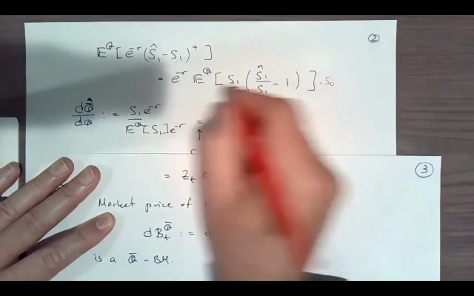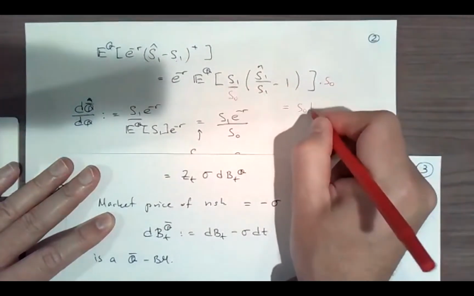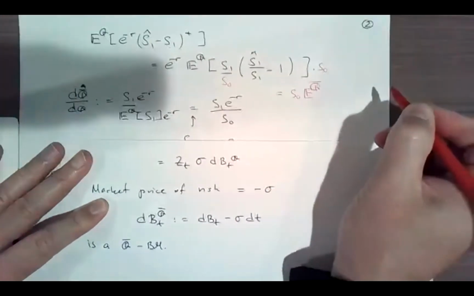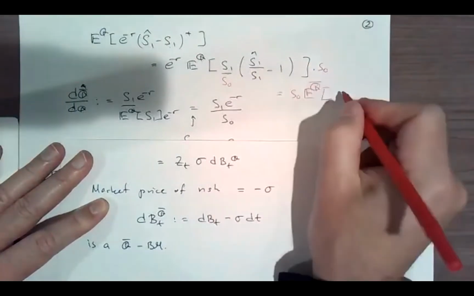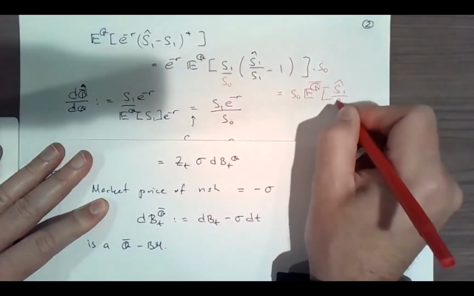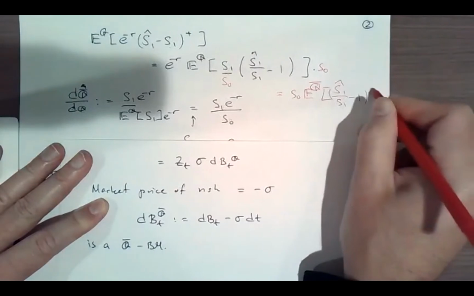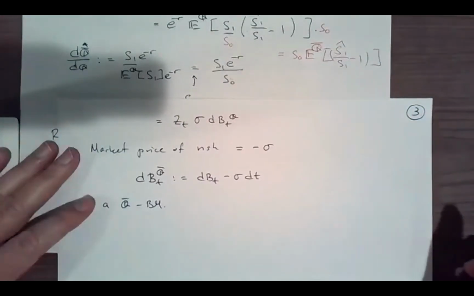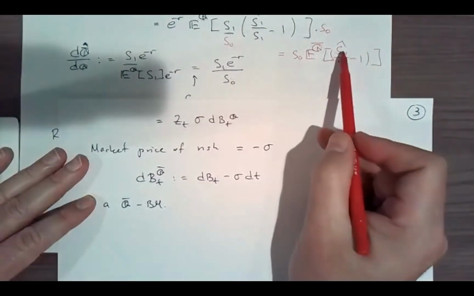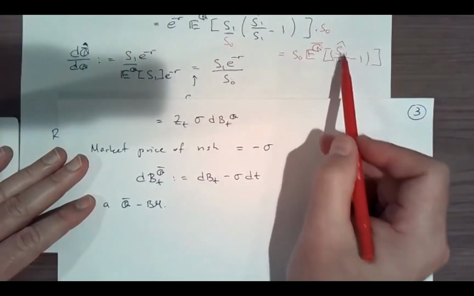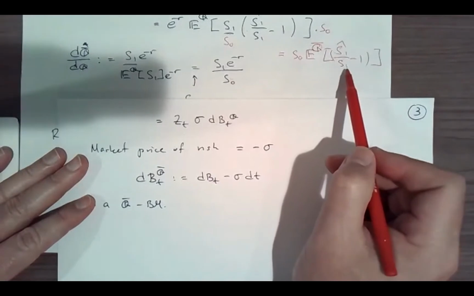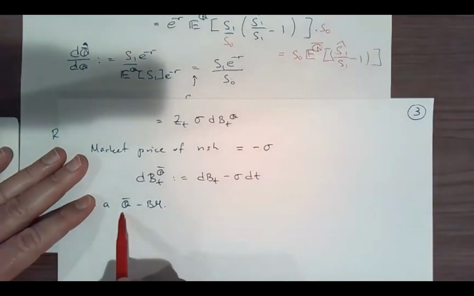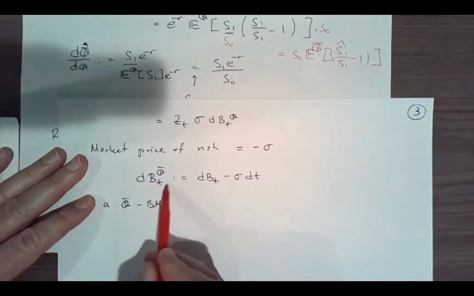I'll be able to write everything here as S0 times an expectation, not under Q, but under Q bar, of S hat 1 over S1 minus 1. And then, of course, I need to know what happens with the dynamics of S hat and S1 under the measure Q bar. But this is what I know now because I know how the new Brownian motion is given.